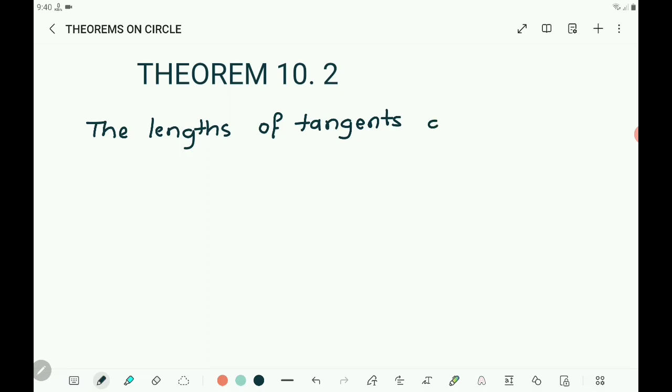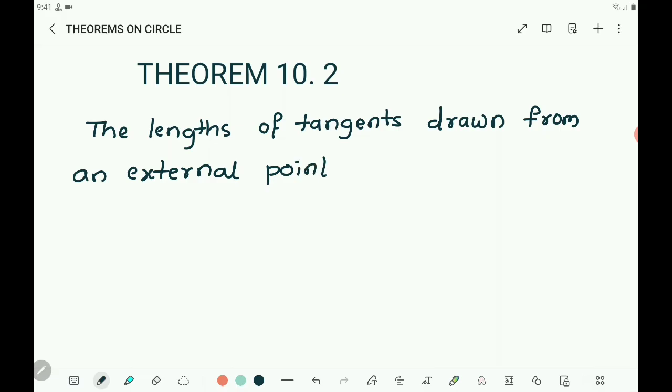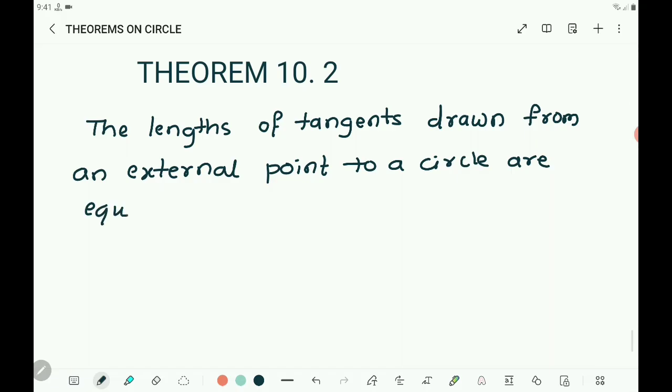Lengths of the tangents drawn from an external point to a circle are equal. This is the statement of theorem 10.2, which is the second theorem on the circle.